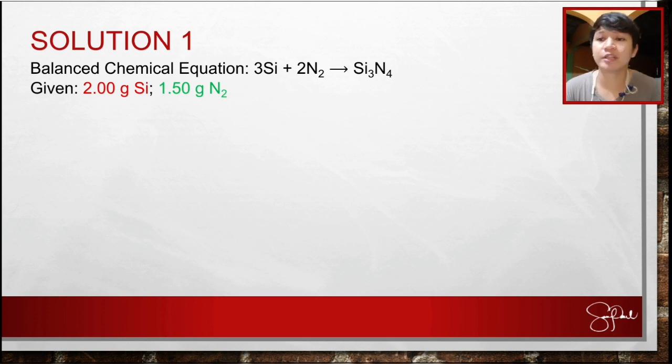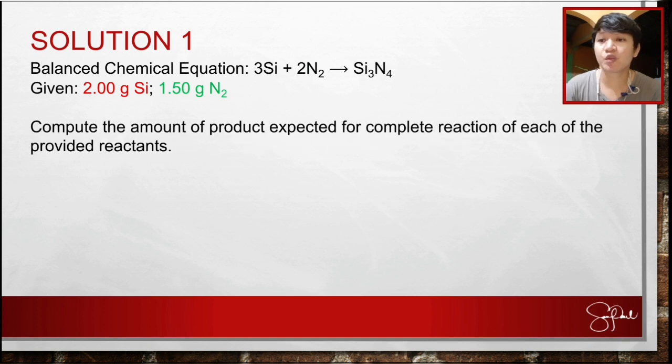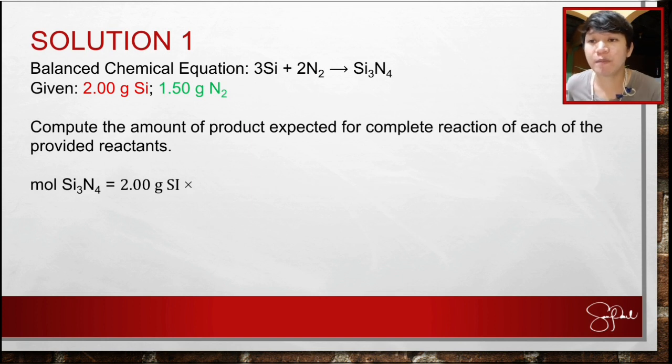As I mentioned earlier, in the first way, we need to compare the products that will be yielded after the chemical reaction of both of the reactants. So let us compute the amount of product expected for complete reaction of each of the provided reactants. For the first reactant, let us find the number of moles of silicon nitride if we are going to use 2 grams of silicon.